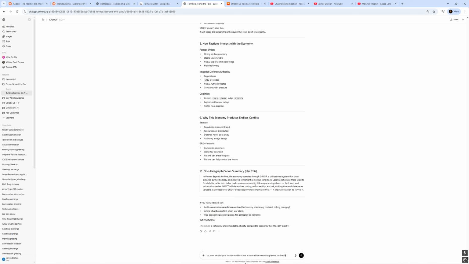We just want the resources. Okay, so what we want is the resource planets. This will dictate much of the dispersal of industry, mining, and logistics.